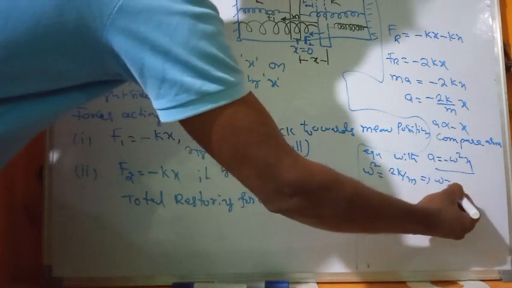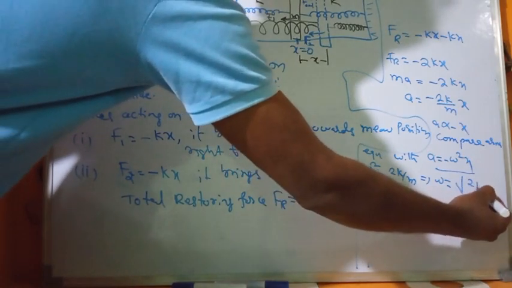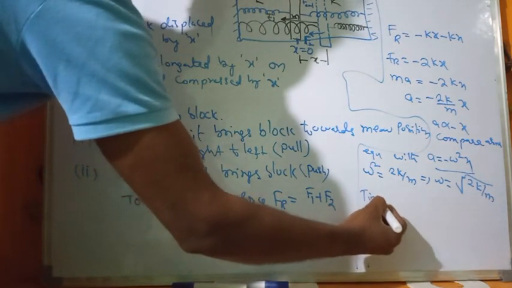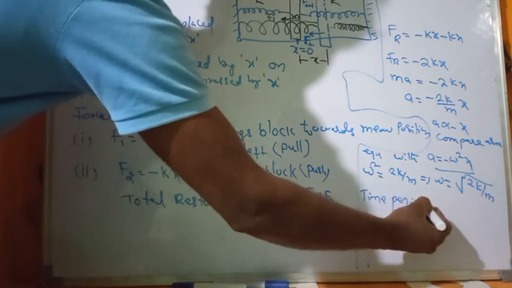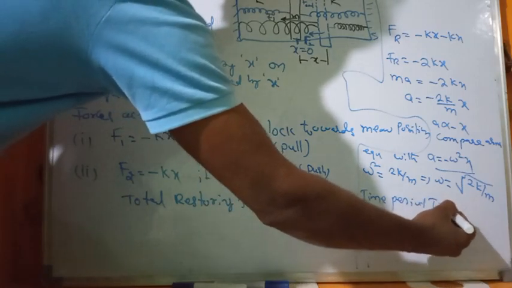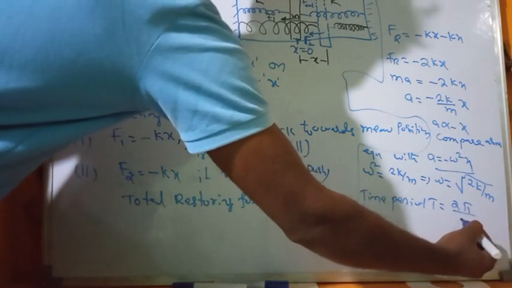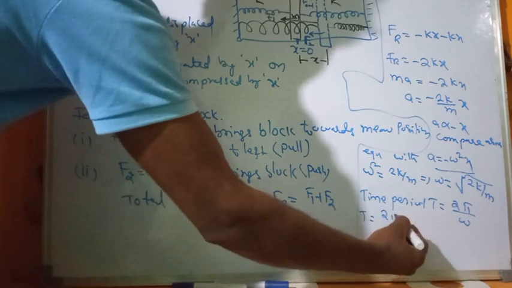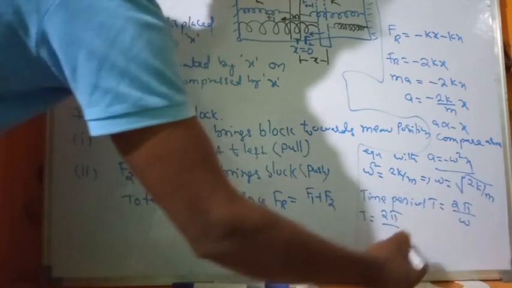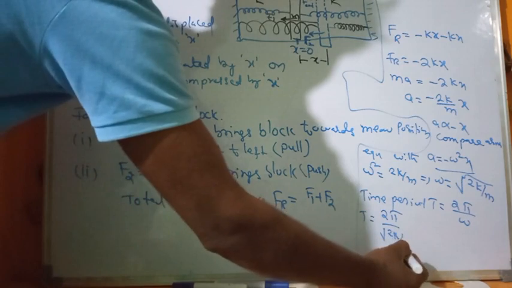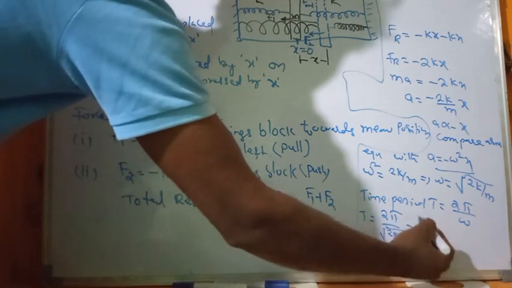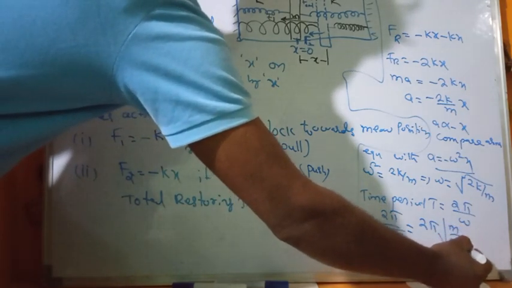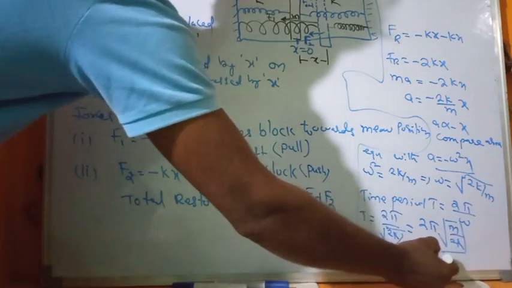From that, omega is equal to the square root of 2k by m. Then the time period T is equal to 2 pi by omega, which is 2 pi divided by the square root of 2k by m, and that is equal to 2 pi times the square root of m by 2k. This is our time period.